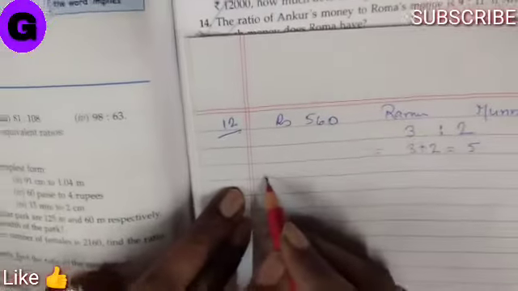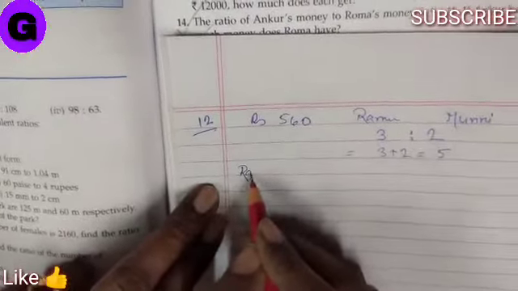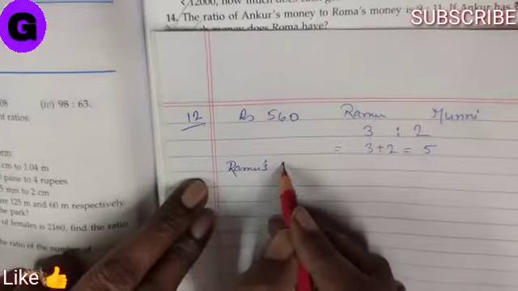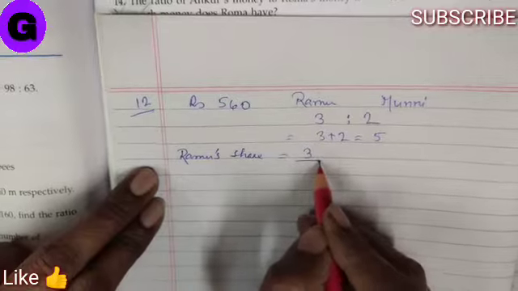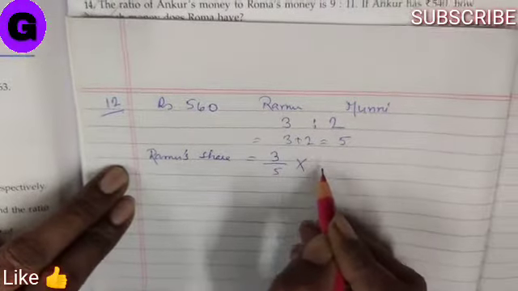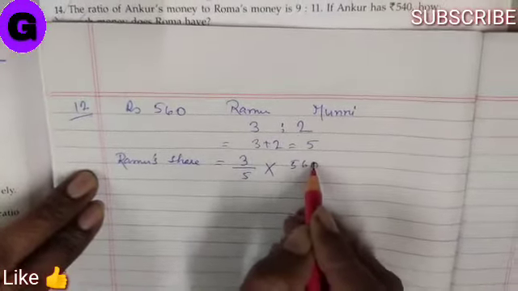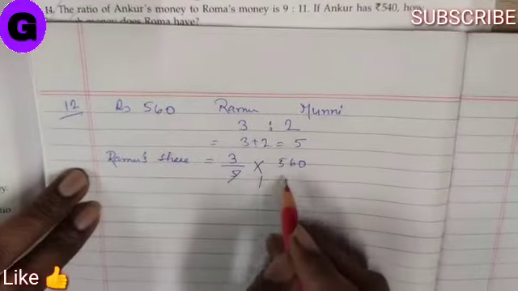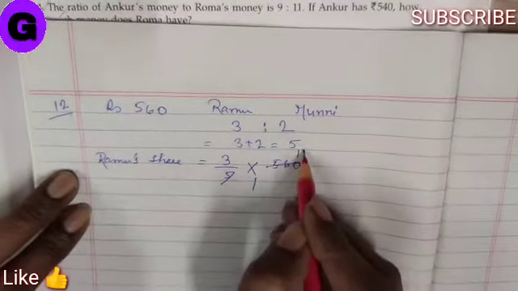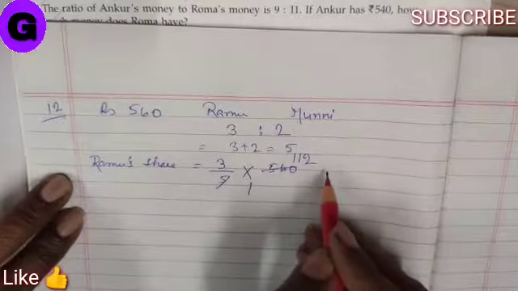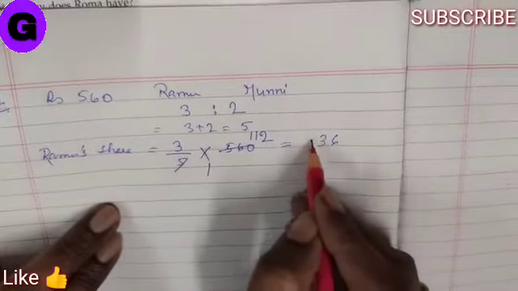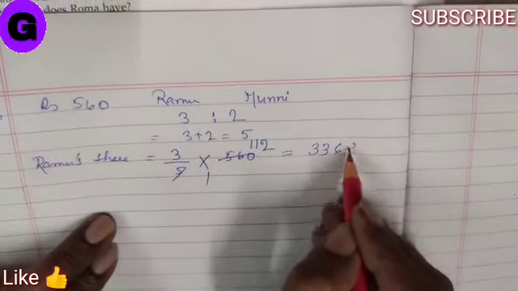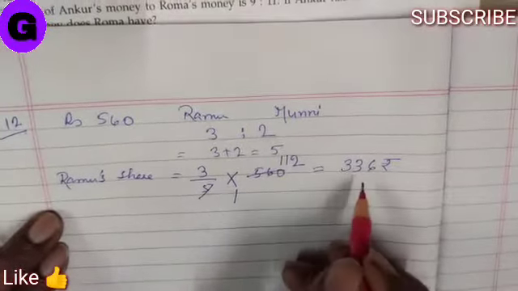So Ramu's share will be 3 by 5 into 560, the total amount. 5 1s are 5, 5 1s are 5, 5 2s are 10. Now 3 2s are 6. This is the amount Ramu will be getting.